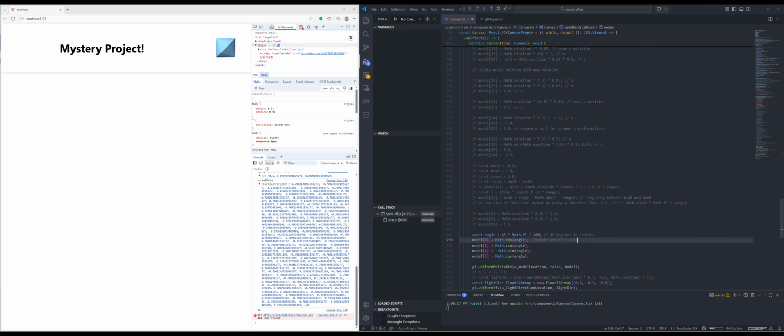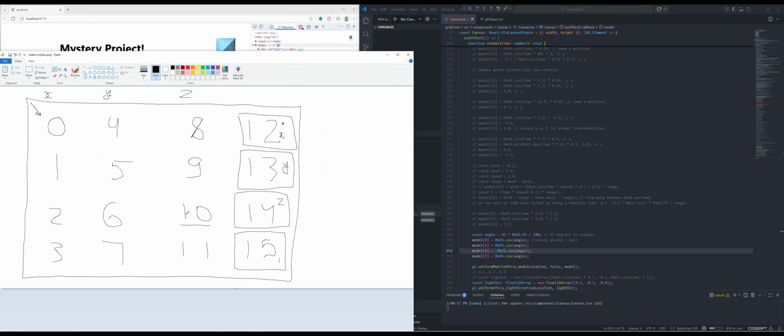Okay, so let's do it. Was it counterclockwise rotation? Let me see the picture. So it's a positive sign, model 4 positive sign, clockwise rotation. What? No, right now it's counterclockwise rotation.